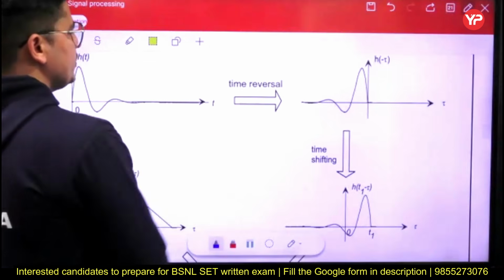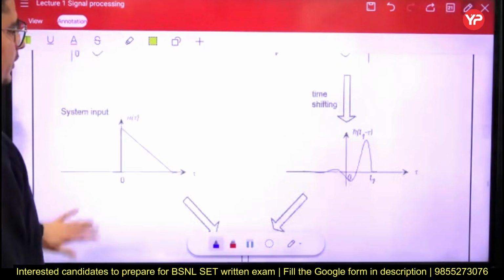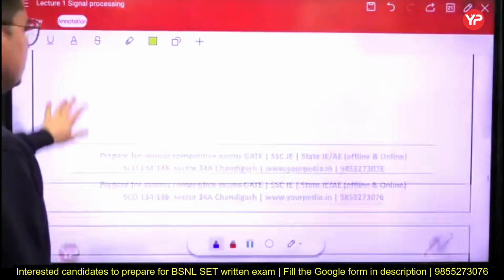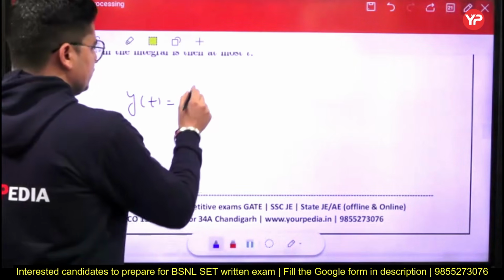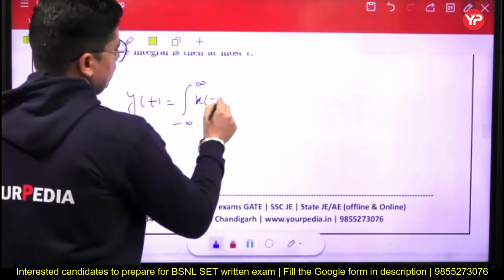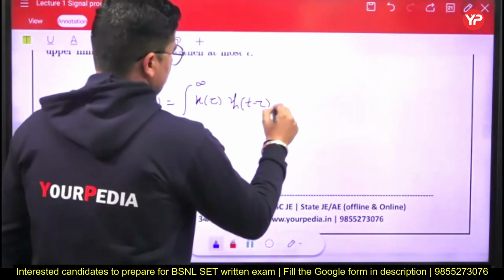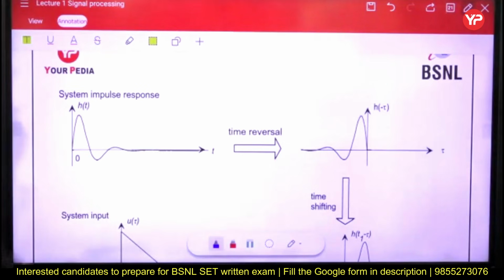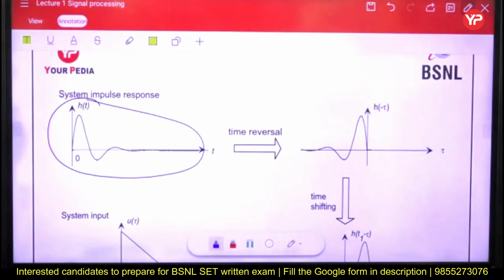Now we discuss how we can make a convolution of two functions. Basically this is a graphical representation. We have to calculate y(t) equals the integral from minus infinity to infinity of x(tau) h(t minus tau) d tau. This is the impulse response of the system, which is given to us.